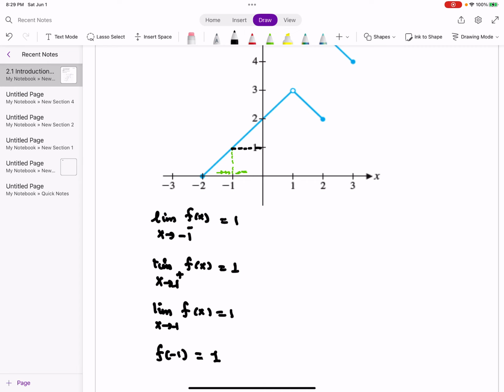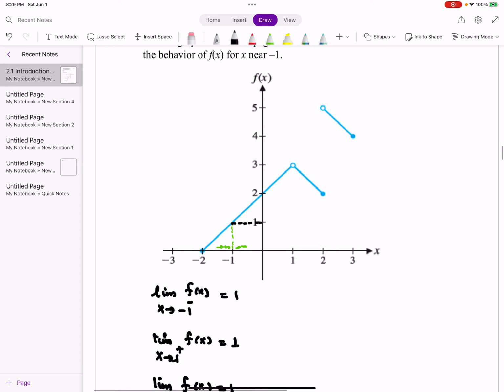Now, the interesting point is at 1. Do you see there is a hole? Now, when you're approaching from the left, from the right of 1, we can say limit of x approaches 1 from the left side of f of x, you can read from the graph, it is 3.